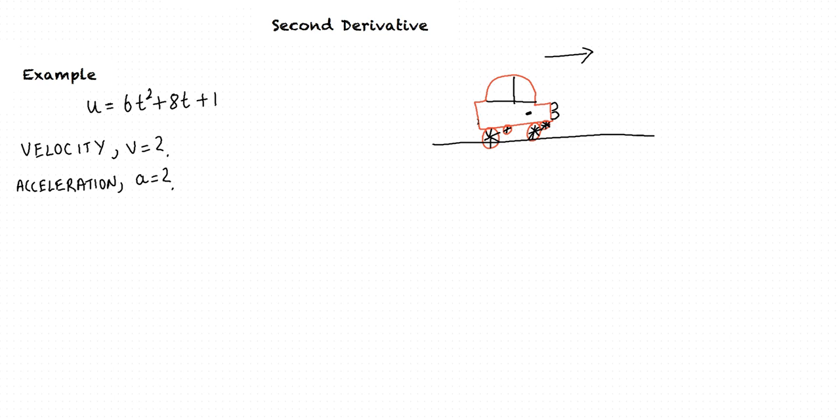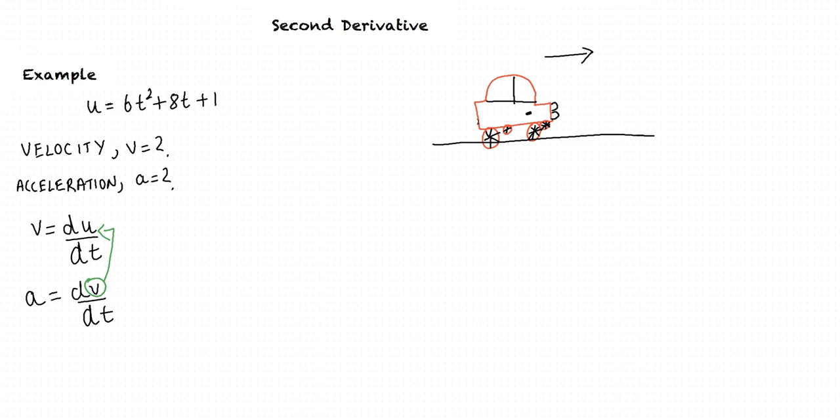The explanation to this question comes from the definition of velocity and acceleration. Velocity is defined as the rate of change of displacement. In other words, velocity v equals du by dt. Now, acceleration is defined as the rate of change of velocity. This means that acceleration a equals dv by dt.